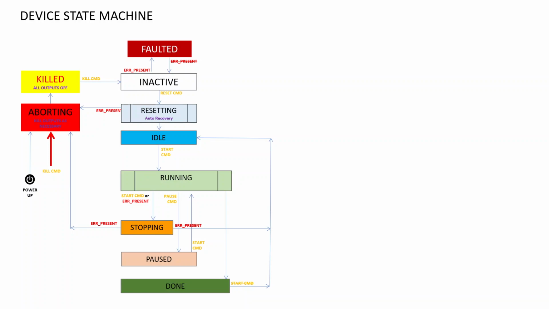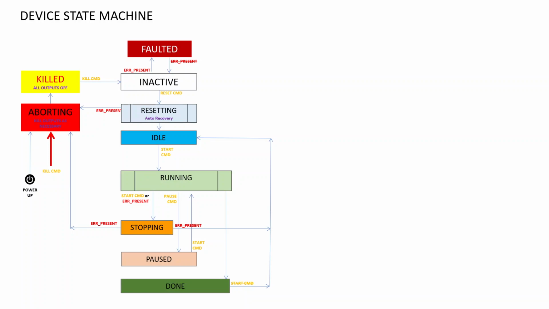And so by keeping these device states consistent amongst all the different devices within the cell, we create a common language between different device modules, and so that drastically will improve and help understanding how the whole system itself works, as long as you abide by these different states.